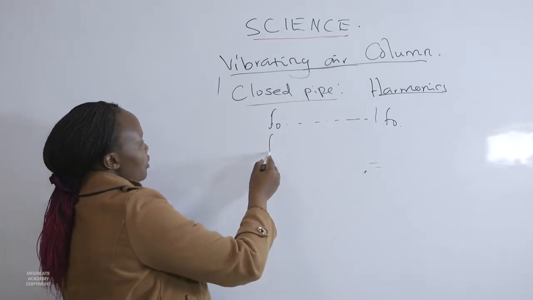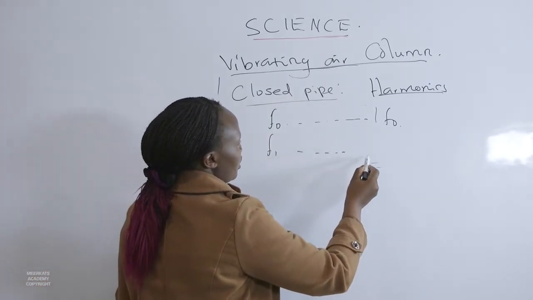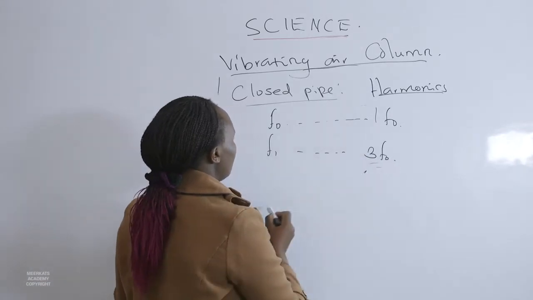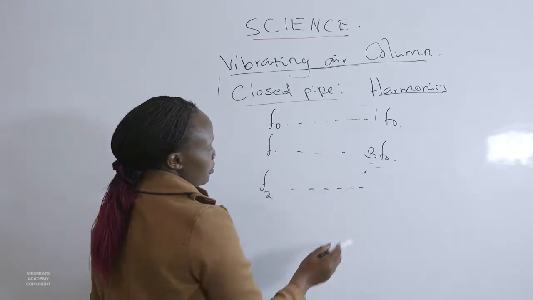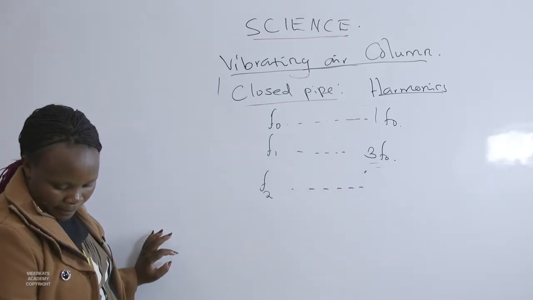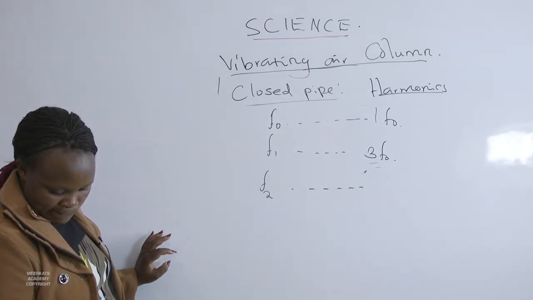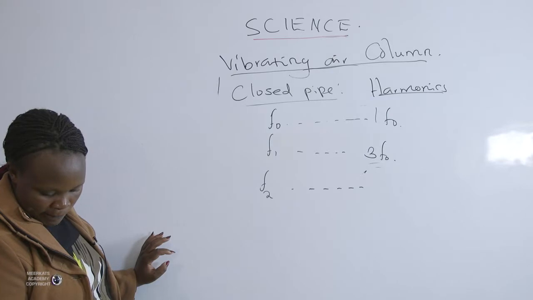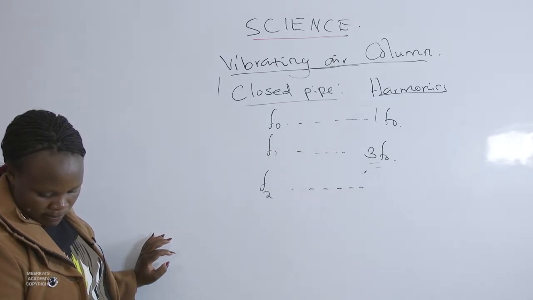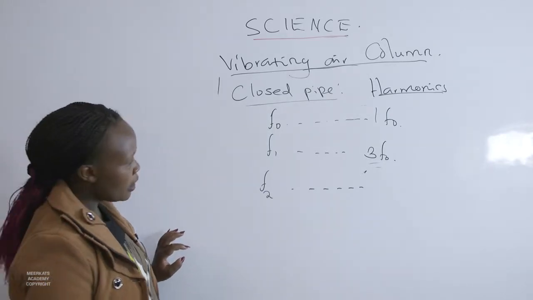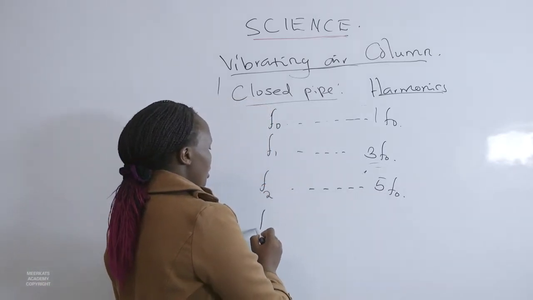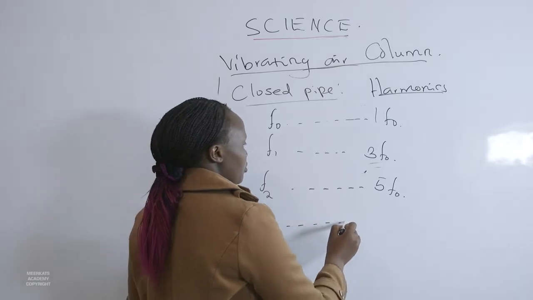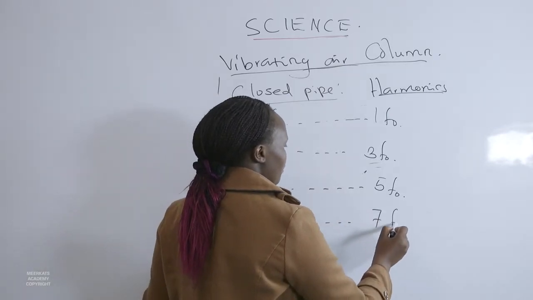Now if we go to F1, we have shown it is 3 times F0. If we go to F2, we could show that it's actually 5 times F0. F3 will be 7 F0.